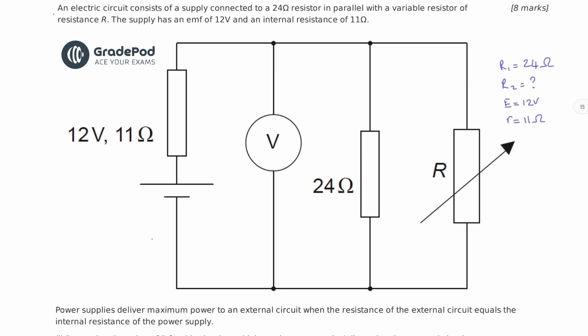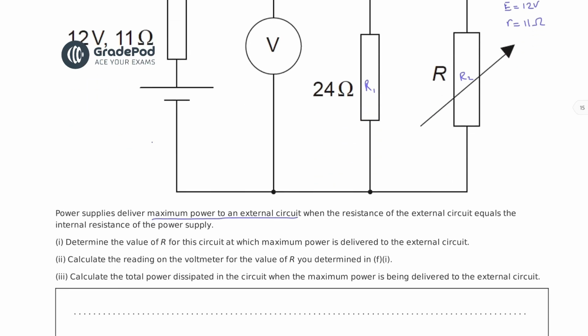The power supplies deliver maximum power to an external circuit when the resistance of the external circuit equals the internal resistance of the power supply. So that means that the total resistance of R1 and R2 must equal the internal resistance of 11 ohms.